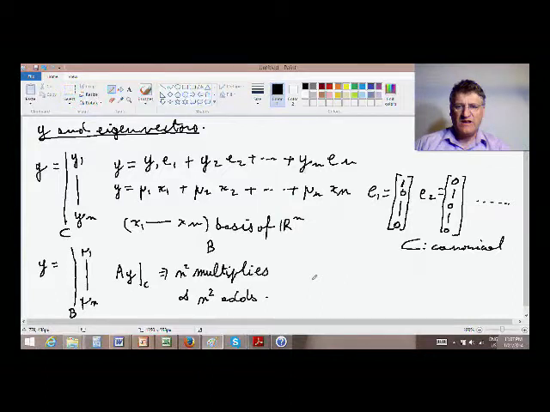Okay, now let's compute Ay but in the eigenvector world.